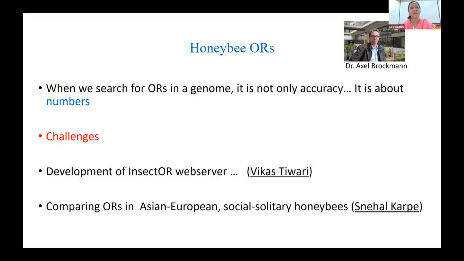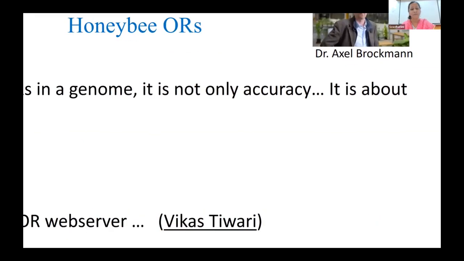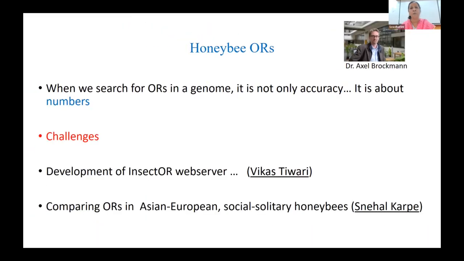And then we definitely went ahead and worked with him, and we realized that it's not only about the accuracy of knowing how many members are there in a particular genome, but also about the numbers.